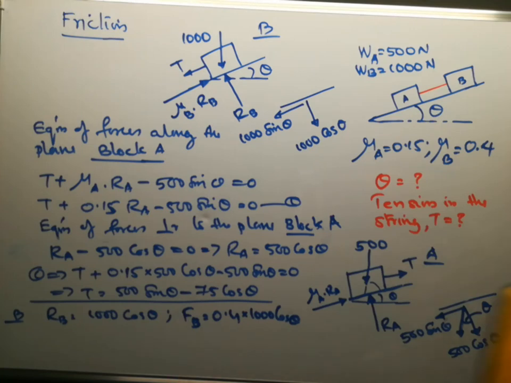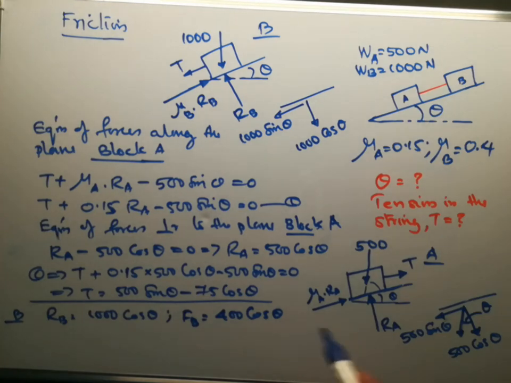Or this can be written as FB equal to 400 cos theta.